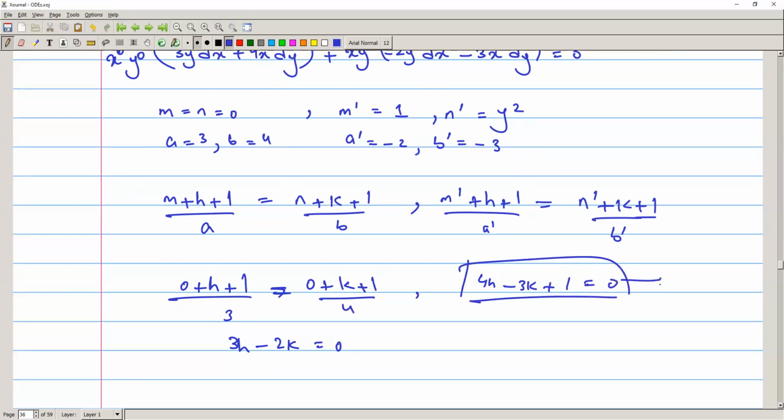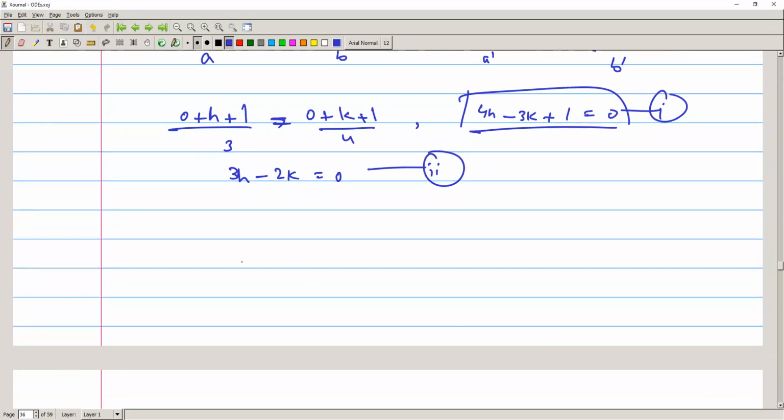So this is equation 1, and this is equation 2. We can solve both equations to find the values of h and k. So we will simply solve these equations simultaneously, and we will get h is equal to 2 and k is equal to 3. So the integrating factor will be x squared y cubed.